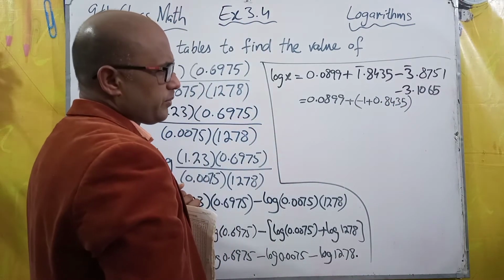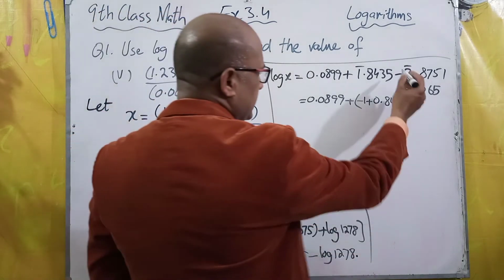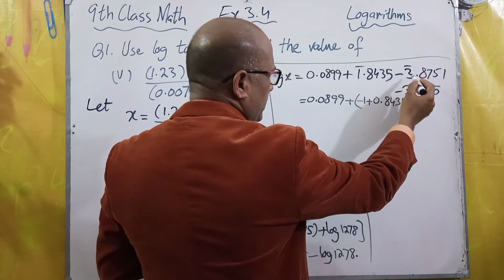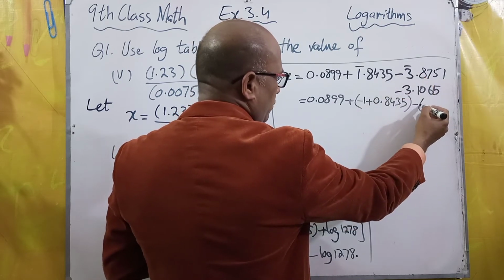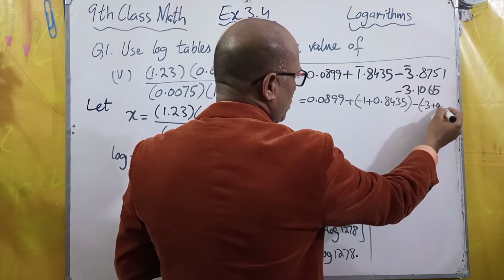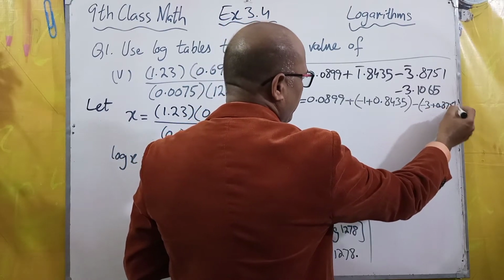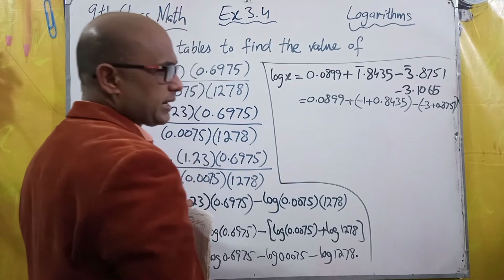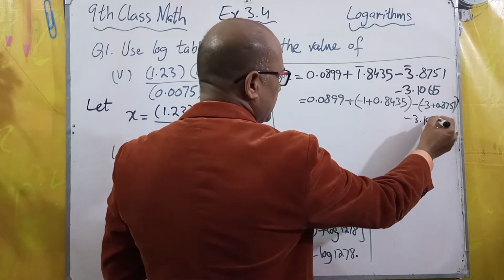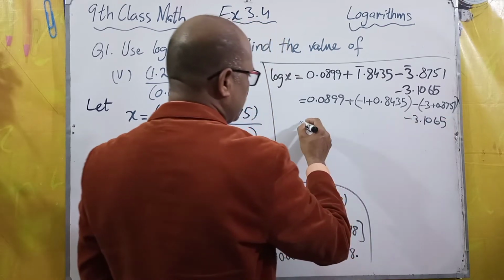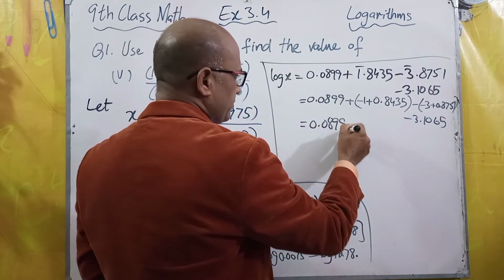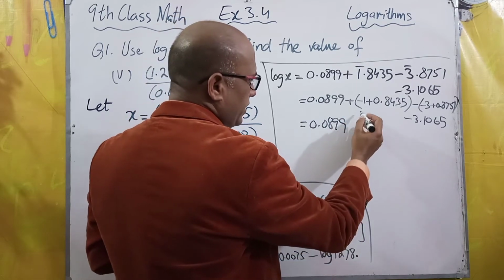In the same way, this number with the minus characteristic, we'll write it as minus 3 plus 0.8751, in bracket as well, minus 3.1065 as it is.